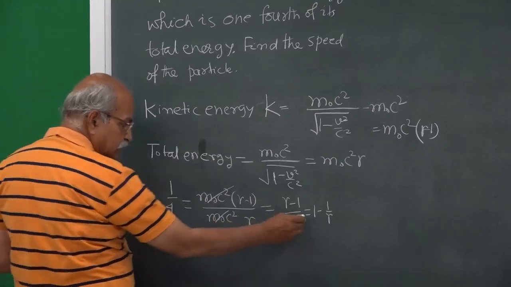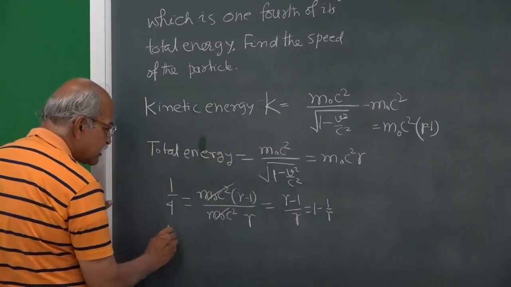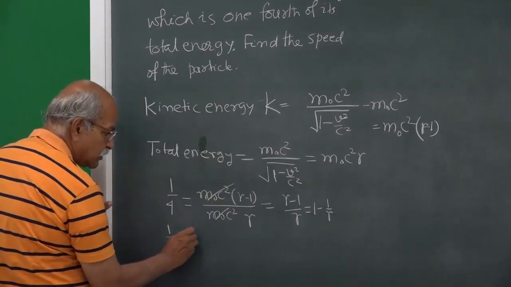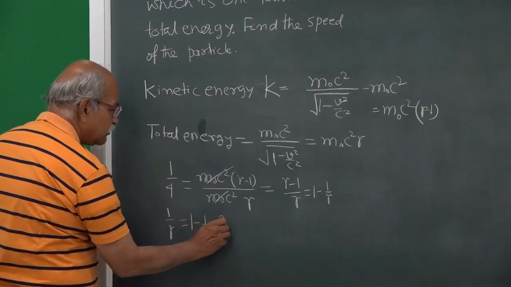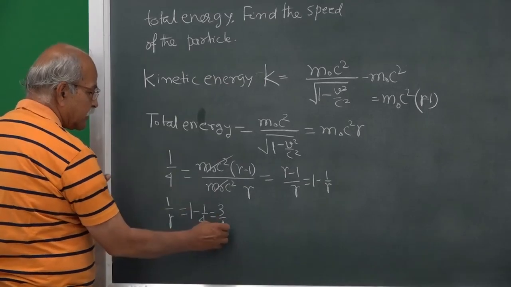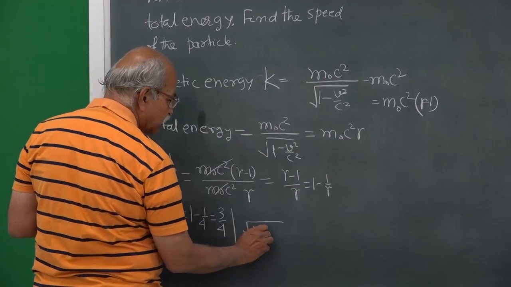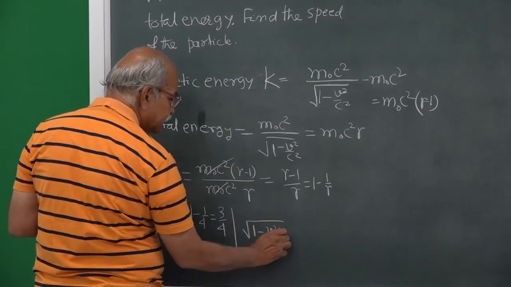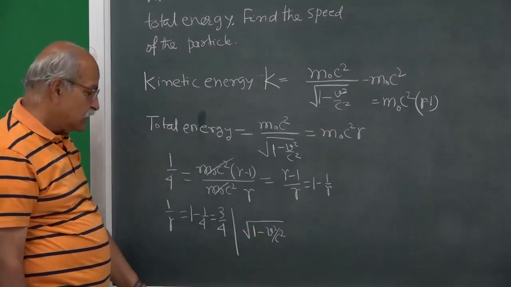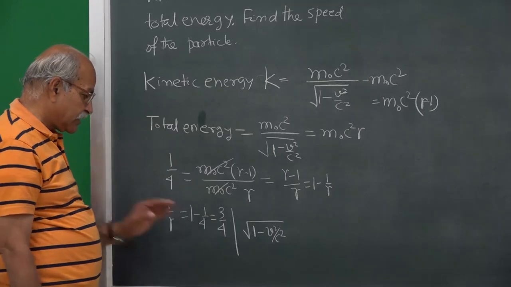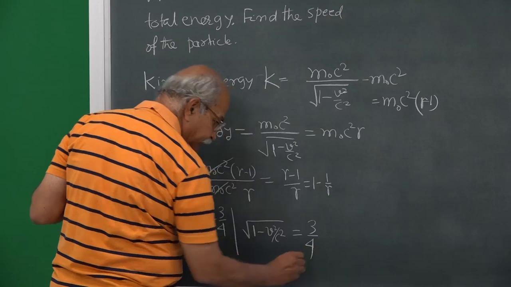So, you can take this 1/4 on that side, 1 by gamma on this side. 1 by gamma is equal to 1 minus 1/4, that is 3/4, and you know what 1 by gamma is? It is the square root of 1 minus v square by c square, because gamma is 1 by square root 1 minus v square by c square. So, this is equal to 3/4.